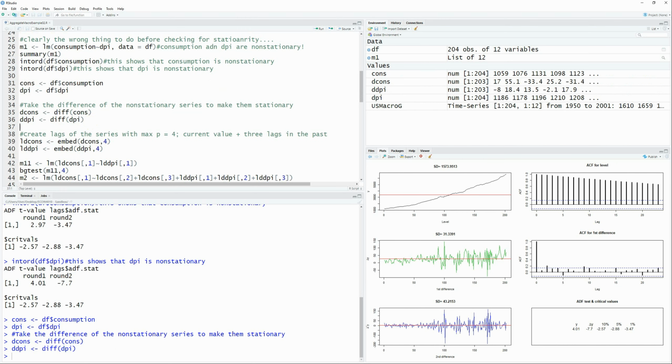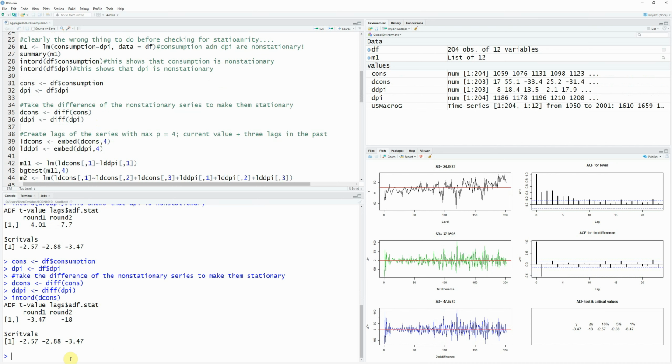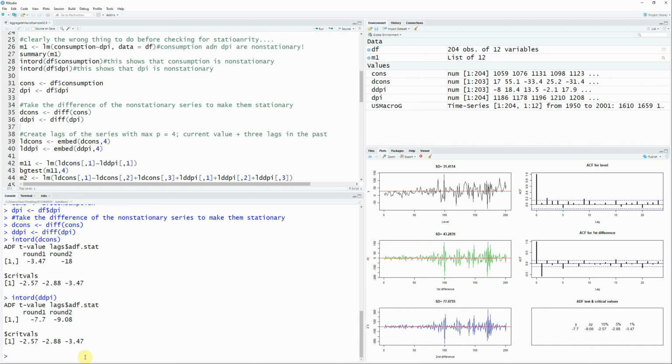Now that they are differenced, let's plot them. Plotting dcons, I see that it now turns into a stationary variable, and the differenced DPI is stationary as well.